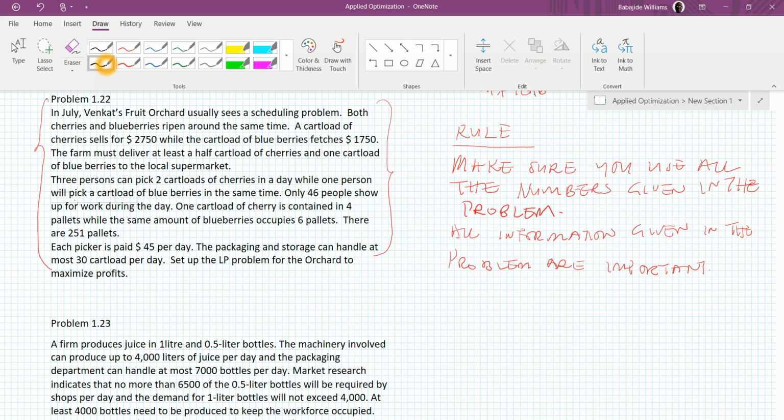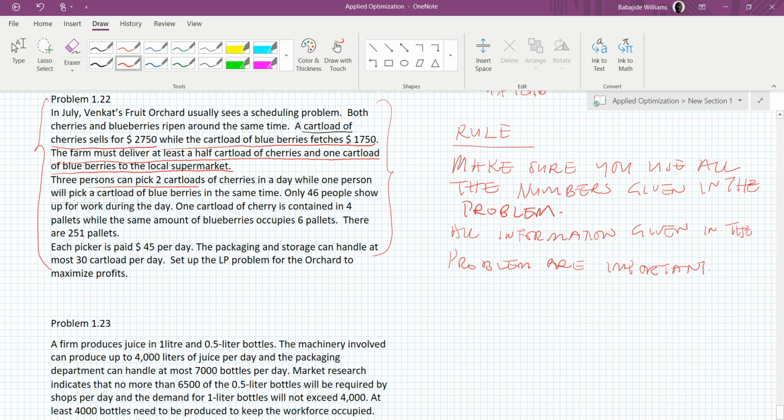Now, numbers are coming in here, right? The first thing we want to notice is what is being said here expressly. It says a cartload of cherries sells for 2,750, while the cartload of blueberries fetches 1,750. The farm must deliver at least half cartload of cherries and one cartload of blueberries to the local supermarket.